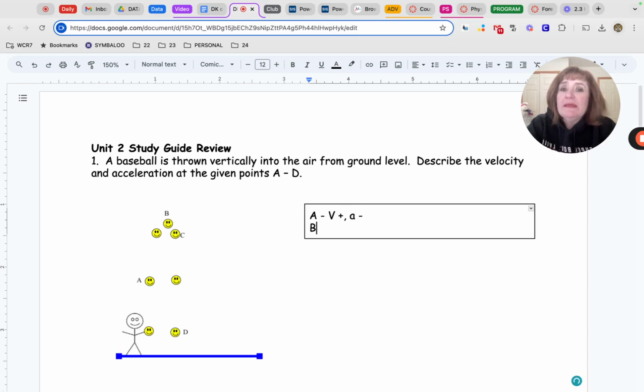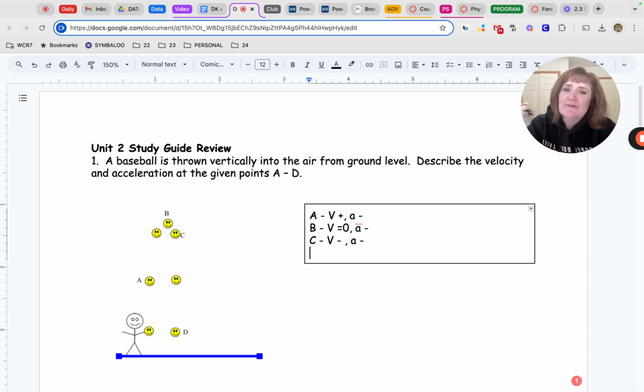At point B, the velocity is 0, the acceleration is still negative. At point C, the velocity is negative and the acceleration is negative. And at point D, the velocity is negative and the acceleration is negative.